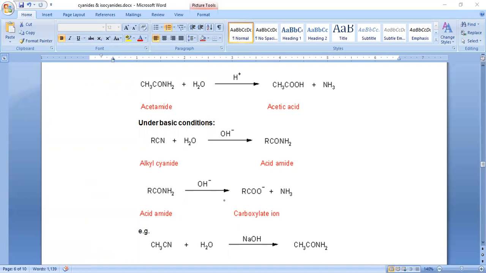In the second step, what happens again? One more water molecule will be attached to this carbon, and then the double bond is shifted onto oxygen. So thereby we get O minus, and this is NH2. And here oxygen ion formation takes place. Then again the H plus is shifted, transferred to the oxygen, so thereby this oxygen will get OH.